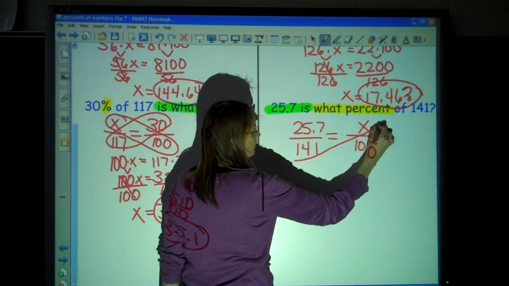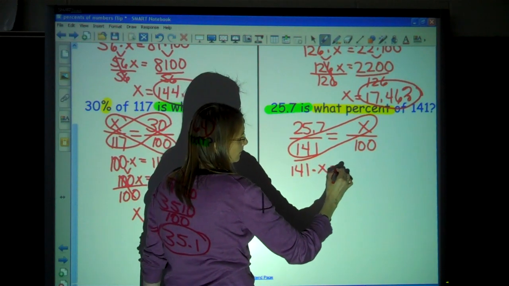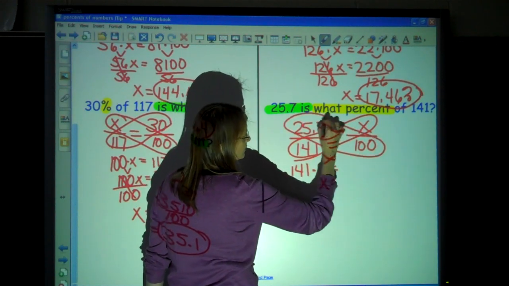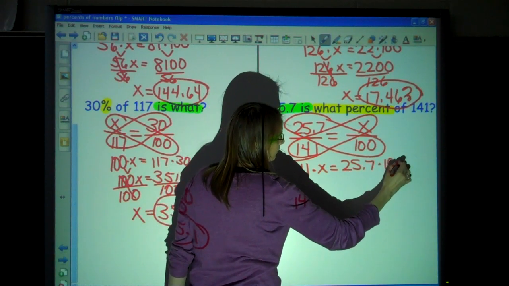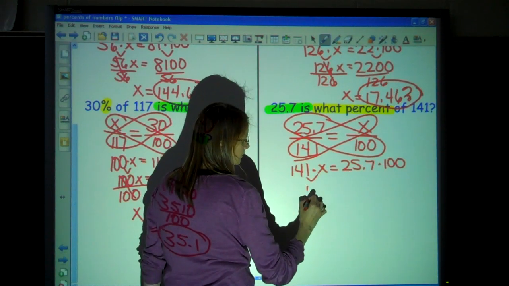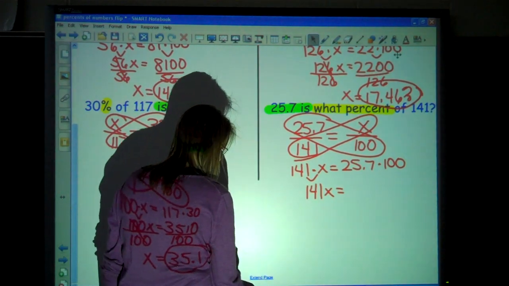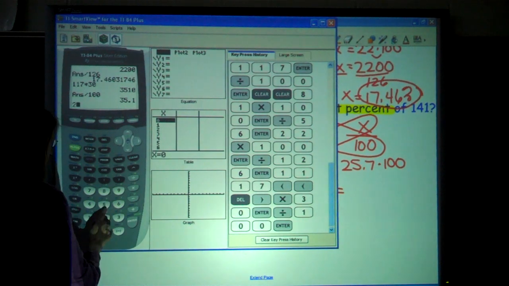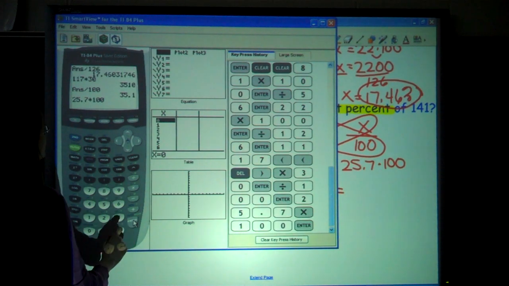And this time I'm going back to my means times my means because that's where the variable is. And my extreme times my extreme. 141 times x is simply 141x. 25.7 times 100. Make sure you're putting it in your calculator correctly.